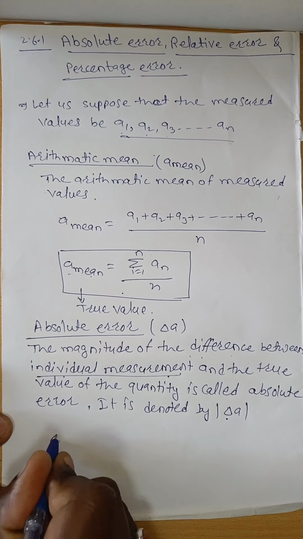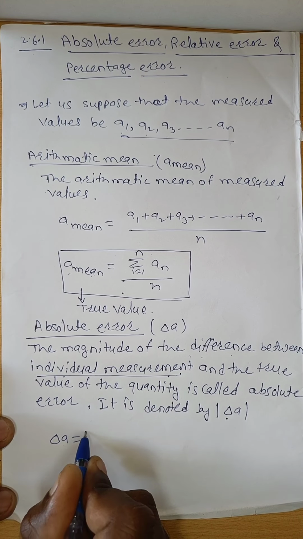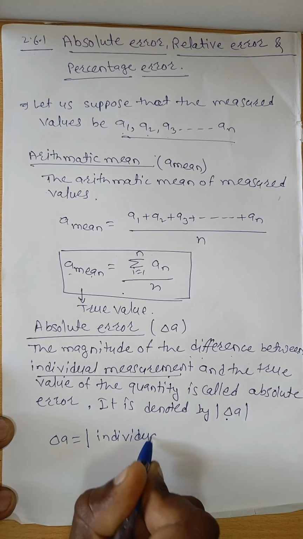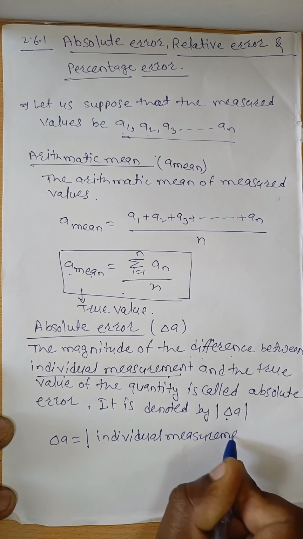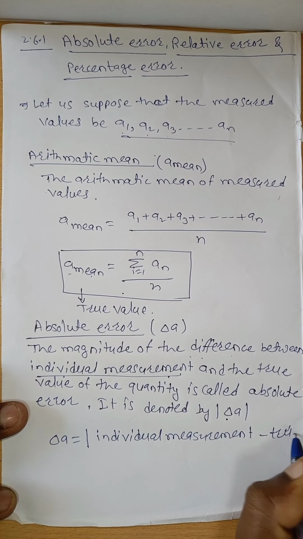That is, delta A is equal to the mod of the individual measurement minus the true value.